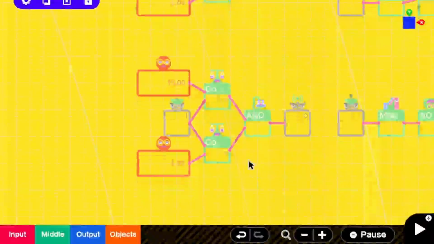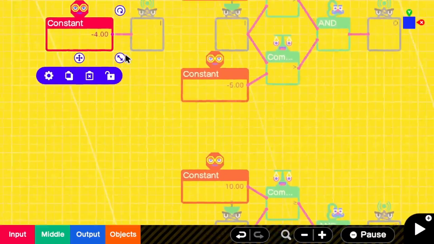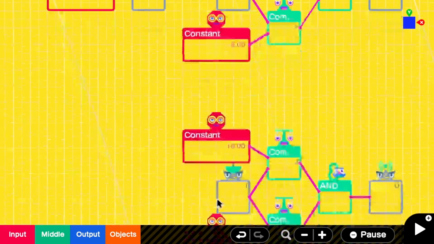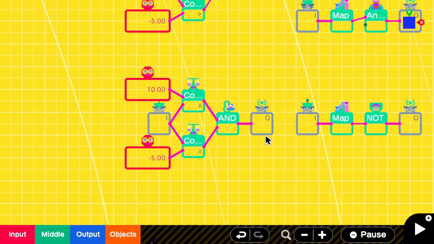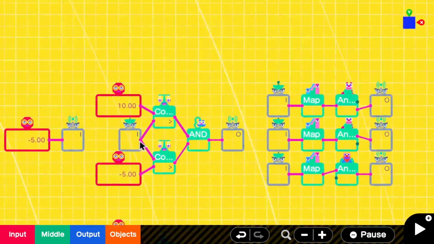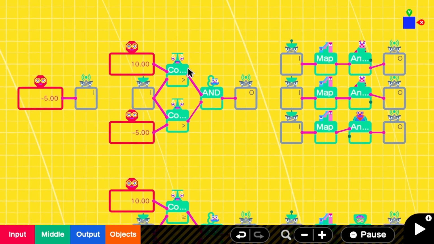However, on the other hand, with our map setup here, if our number is exactly the same as the range that we set, it will still turn on. For example, if you're checking if a number is greater than or equal to negative 5 and less than or equal to 10, you can use this setup. However, if you want to check the same range but exclude negative 5 and 10, you should use this setup instead. So that's the only difference between these two.